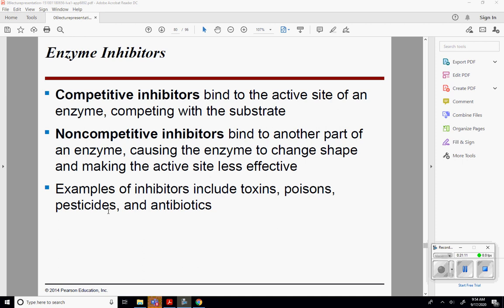Some toxins and poisons or pesticides may not necessarily kill a bug directly, but would keep the bug or plant or whatever from being able to have access to simple metabolic processes that would cause it to survive, or getting the hormones to do what they need to do, and all kinds of different processes that need these enzymes to work the way they do. So when they don't, it equals death for them.